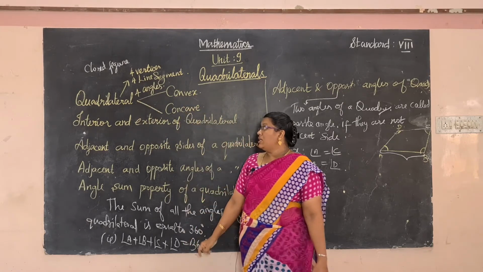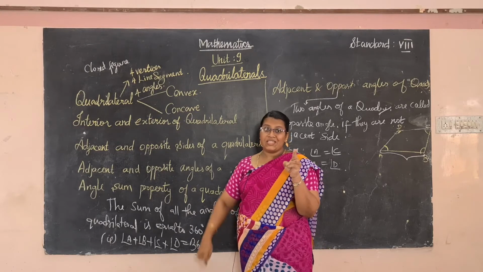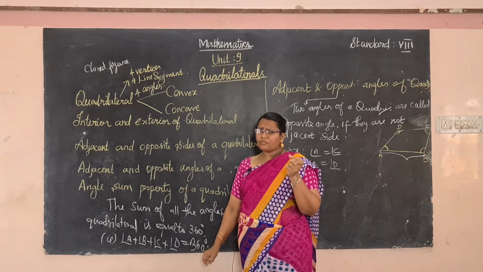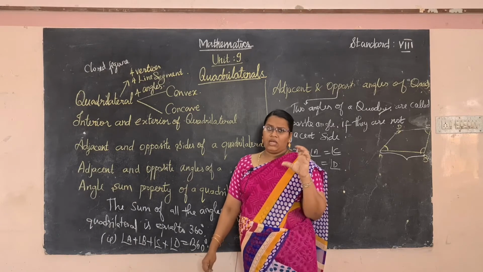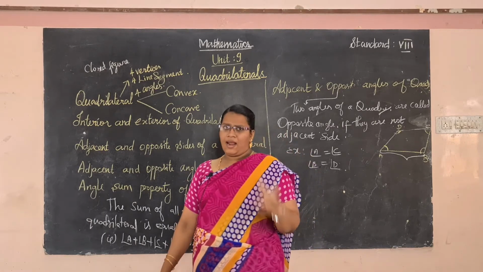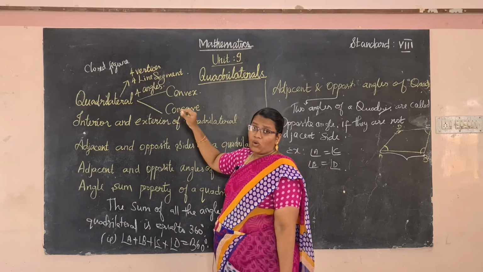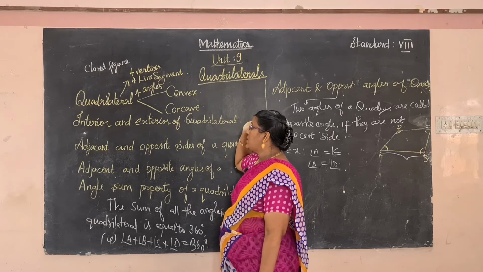Convex quadrilateral means if we consider 2 points inside of the quadrilateral, and those points make a line segment, then that line segment is inside of the quadrilateral. That is called the convex quadrilateral.